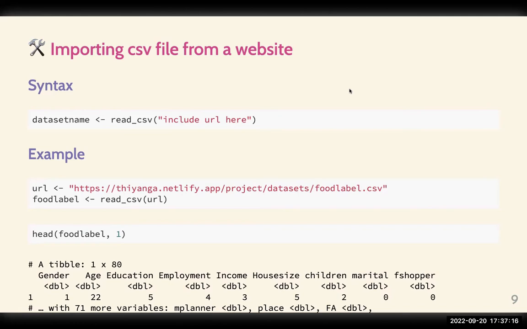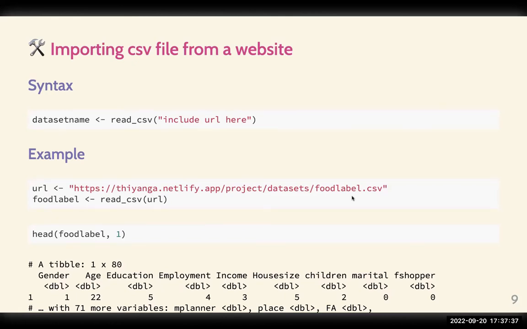For example, on my website, thiyanga.netlify.app, under project datasets, I have a dataset called foodlabel.csv. Now I want to import this dataset into R, or I want to read the foodlabel.csv file into R.